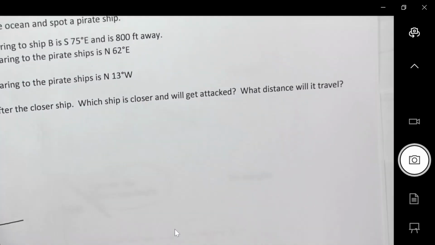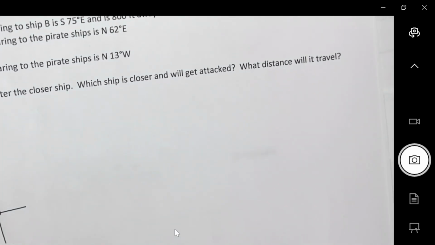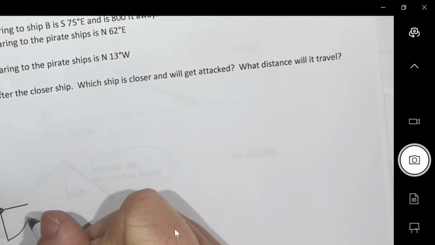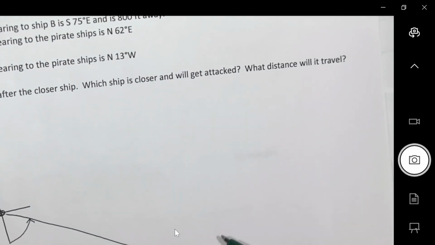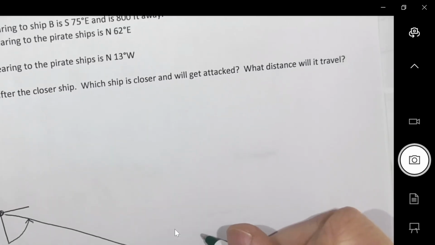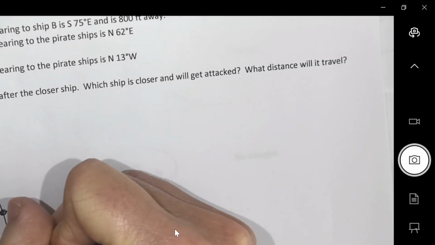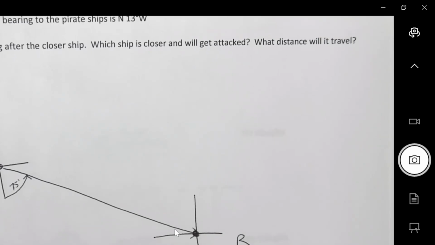Does that make sense why I'm doing A there? Okay, so when we are going to go to B, south 75 east is us heading towards B. So south 75 east is where B is.